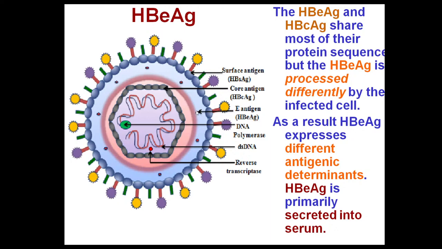It is produced inside the infected cell and is primarily secreted into the serum, and only very few copies can be found inside the infectious virion, while the hepatitis B core antigen is not secreted outside the infected cell, because this is a major capsid protein and is used to build up the nucleocapsid of the newly synthesized virions.